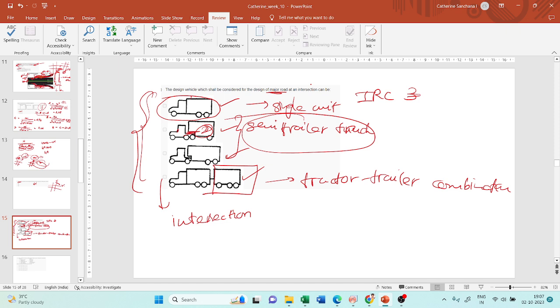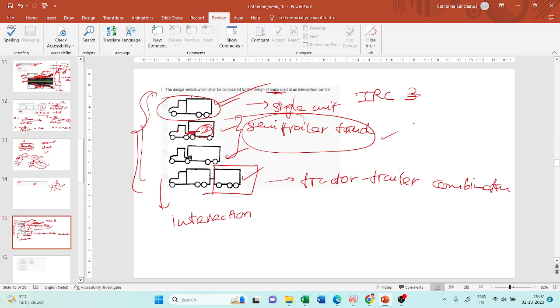Okay, if an intersection has a minor road, then they will use single unit trucks. Okay, so the design vehicle will vary depending upon the type of road and the type of usage.